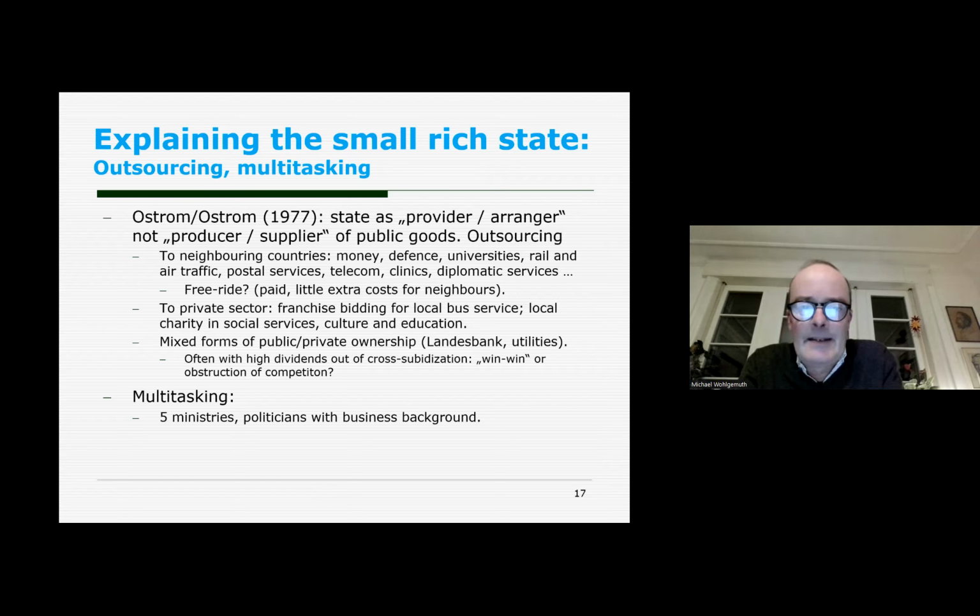And there I think it is useful to use this distinction between the state as a provider and arranger of public goods. And it does not have to be a producer or supplier of these goods. And Liechtenstein does that quite a bit by outsourcing the production of public goods to neighboring countries.